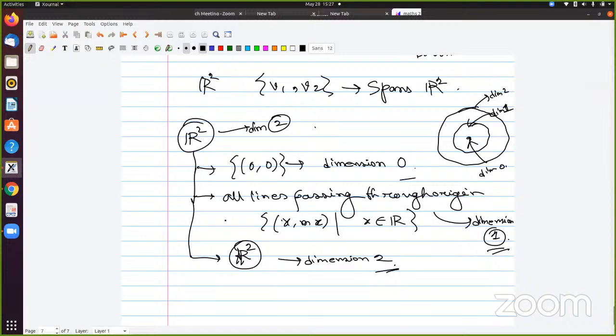Once you are talking about a dimension 1 vector space inside R2, that is a subspace of R2. What would be the basis of that one? You tell me. (1, m), or maybe (x, 0).